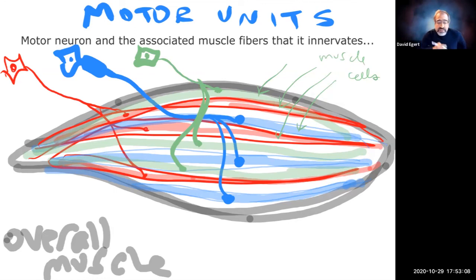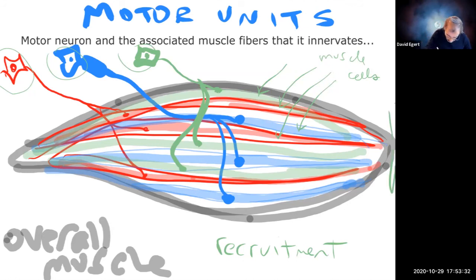And the basic idea is, even though each muscle cell is either basically on or off in terms of how much force it generates, you can, it's called recruitment. You can recruit more or less motor units depending on how much overall force you want this muscle to have.